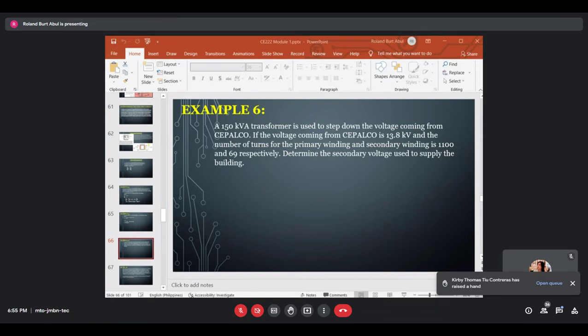So, 13.8 kilovolts times ang secondary winding, which is 69, divided by the primary winding, 1,100. So imong gi-multiply ang 13.8 og 69 then divide 1,100. Yes, sir. Okay, sakto na siya.